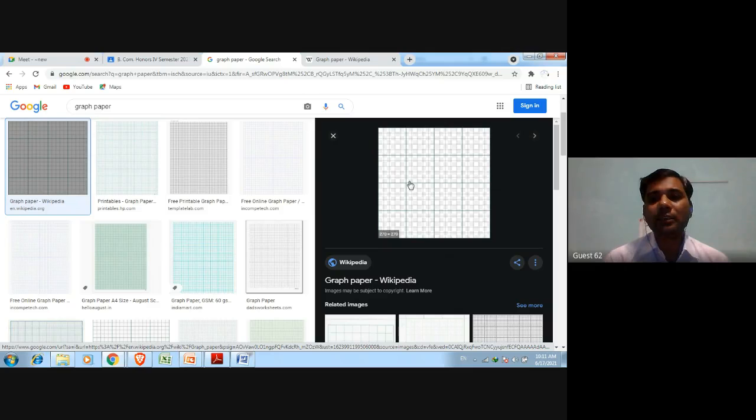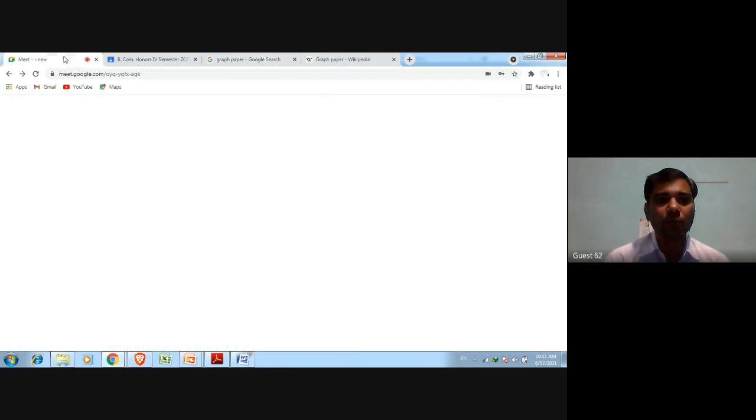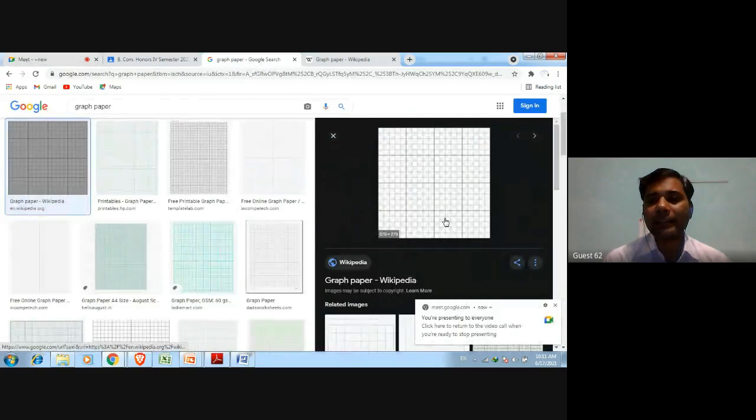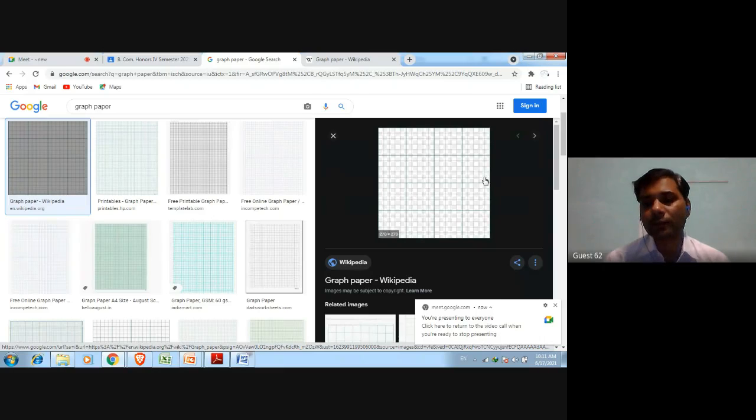It means 4 centimeters equal 1 small block. So for 100 centimeters, how many small blocks will you take? That is 20. So you will take 20 boxes and draw a line on 20 boxes.